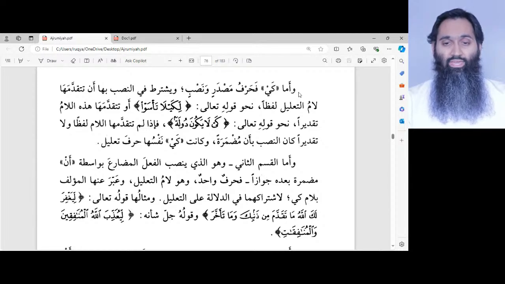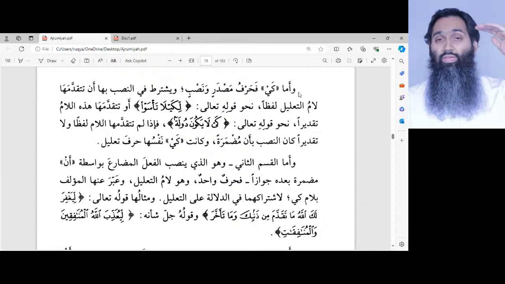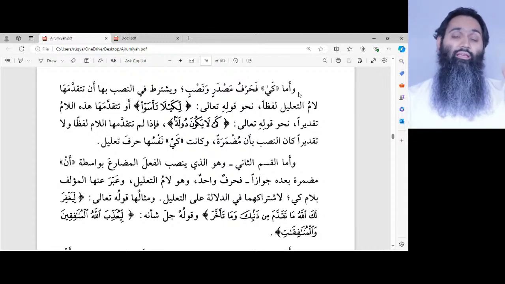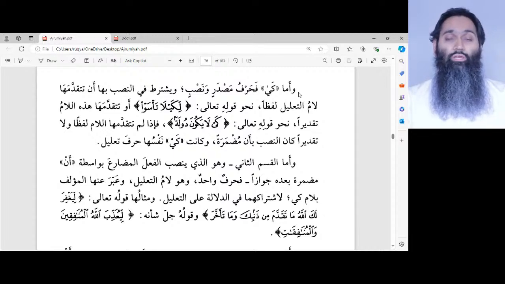You see here k, there is nothing there, there is no lam ta'leel before k, but it is there taqdeeran, meaning we assume it is there, so we say likay la yakuna dula.